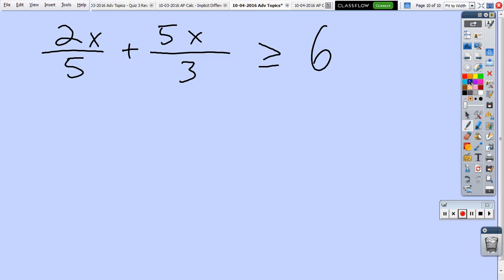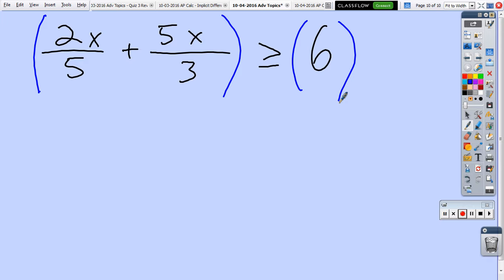So the first thing is I don't like fractions, and most people don't like fractions, so I'm going to get rid of fractions immediately. So look at what I multiply this whole thing by to get rid of all my fractions. 15. Good, 15. The product of 3 and 5 is 15. That's a quick way to do it. Even if it's not the least common, the product is always going to be a common multiple.